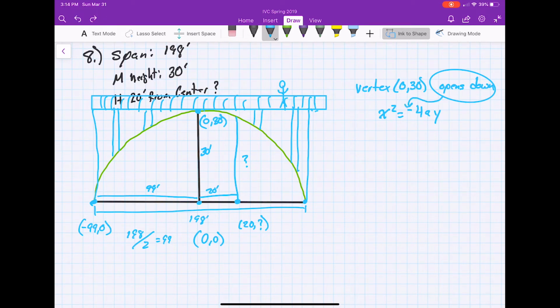All right, so let's start plugging in what we know so we can find what we want to find. The half of the bridge that we're talking about here is only 99 feet, right? So we have 99 squared is equal to negative 4a, and our y is 0 minus 30.